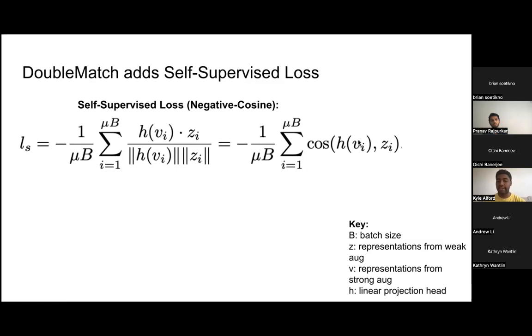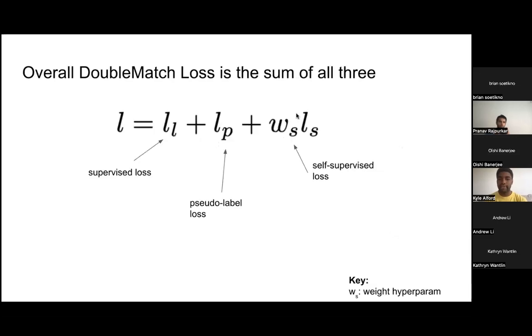These are representations. And then pushing the strongly augmented through the projection head, that's what H is, and essentially calculating this negative cosine loss. So that's what they're adding that essentially boosts the performance in their experiments.